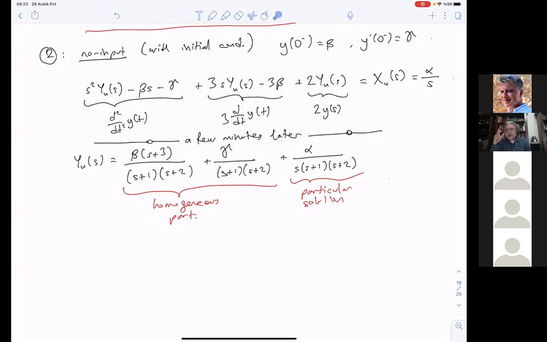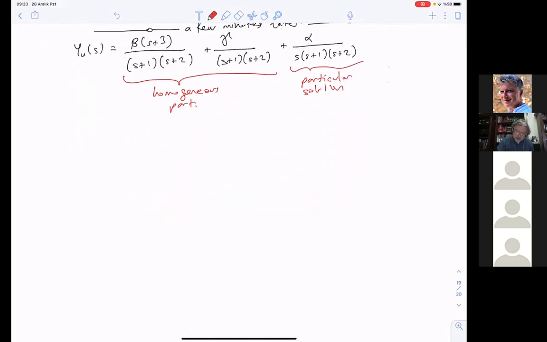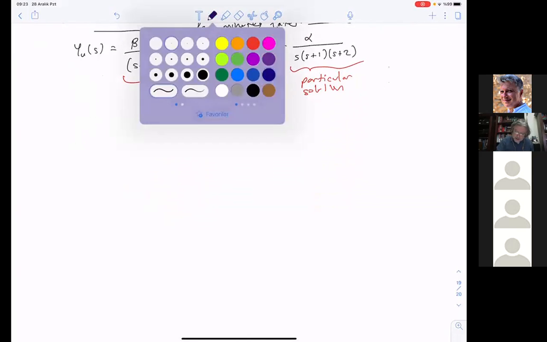If they are left as parameters, beta and gamma, like this, then solving this and splitting those things will be difficult. It was also very difficult for this one, but now we need to do it again for this and for this, which is a bad idea.